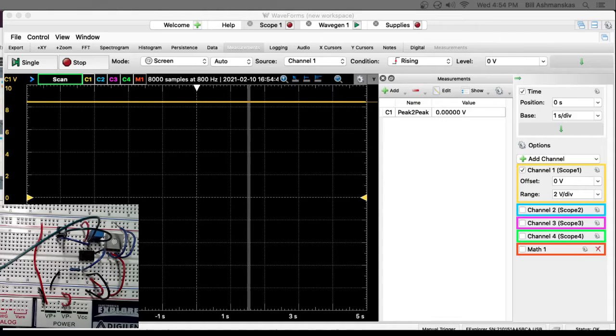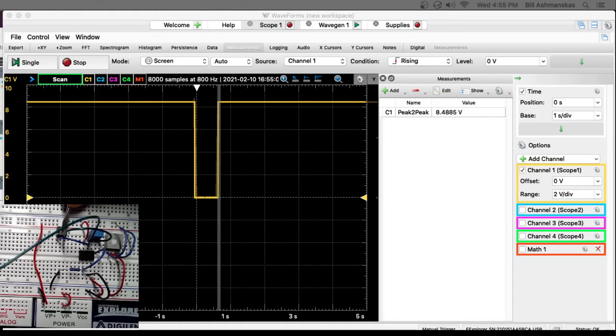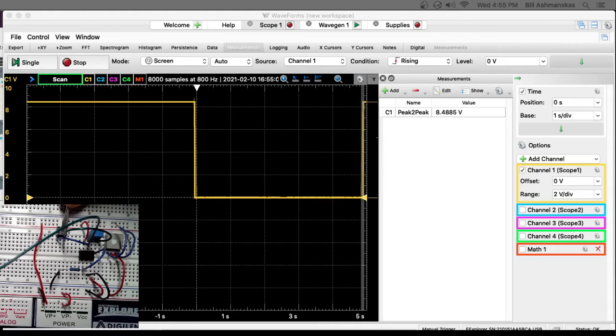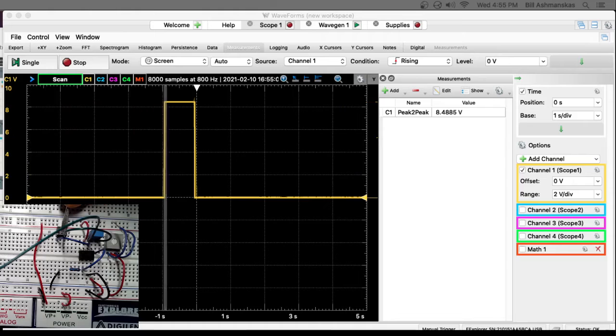So if I really zoom out on the horizontal scale of the oscilloscope, now I have 1 second per division horizontally, and I have 2 volts per division vertically. So I'm holding down the little switch to zero out the capacitor, and then I will let go of it when it's halfway across the screen.